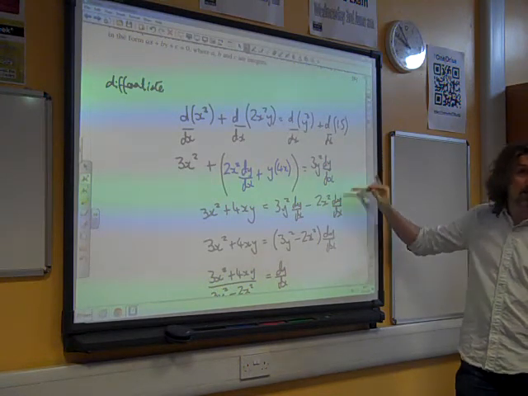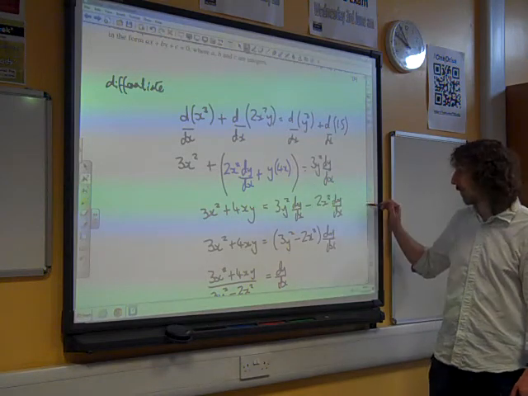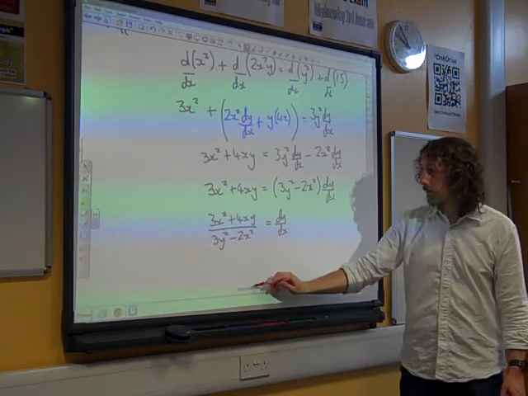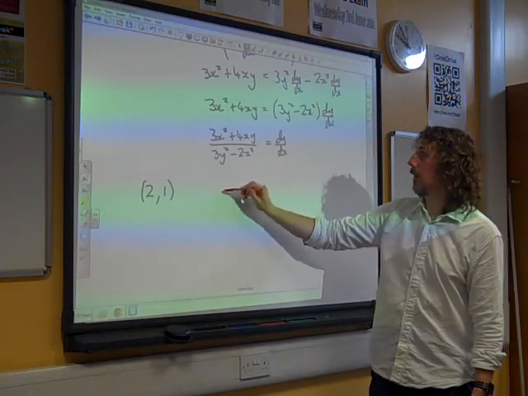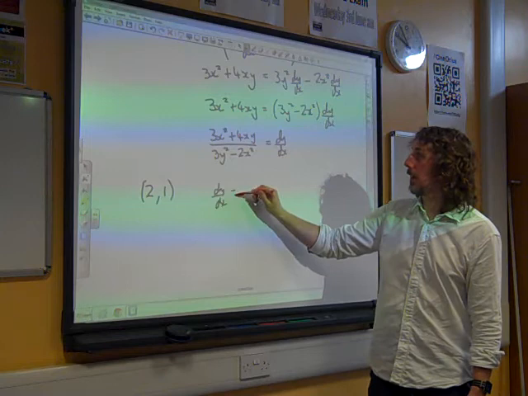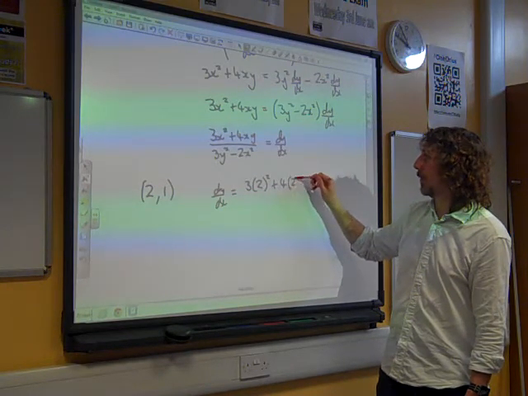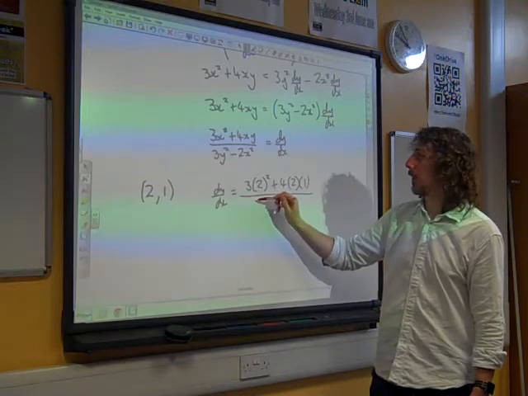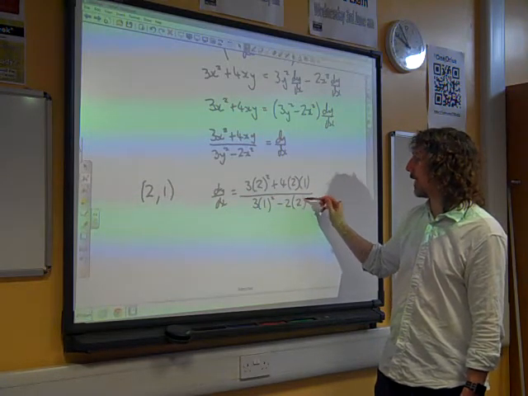It's a bit neater to do it that way, but there's nothing wrong with doing it here. So with the point 2, 1, dy by dx is 3 times 2 squared plus 4 times 2 times 1, over 3 times 1 squared minus 2 times 2 squared.